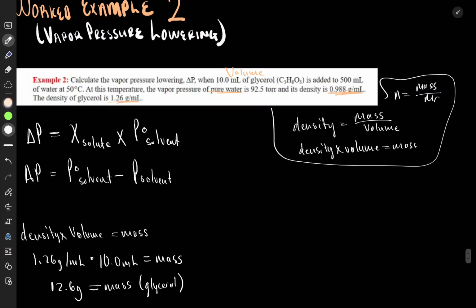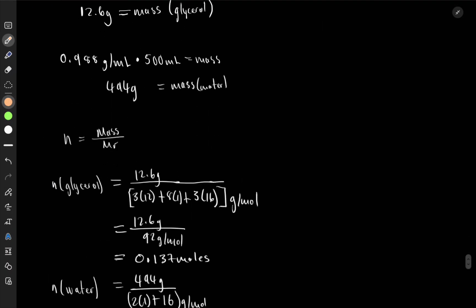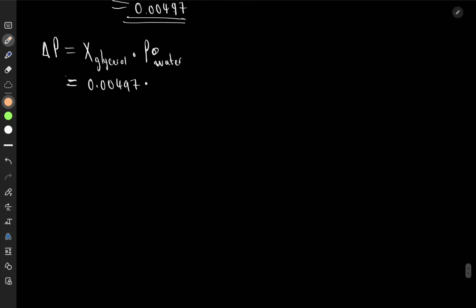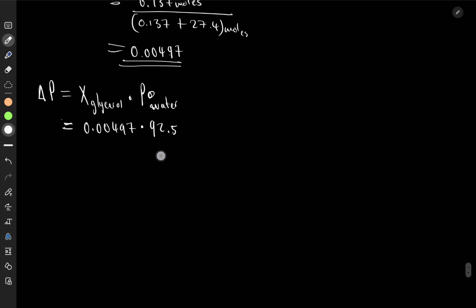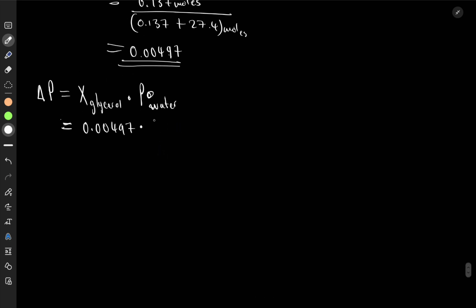The vapor pressure of pure water is 92.5 torr. So we would have it as multiplying 92.5 torr.